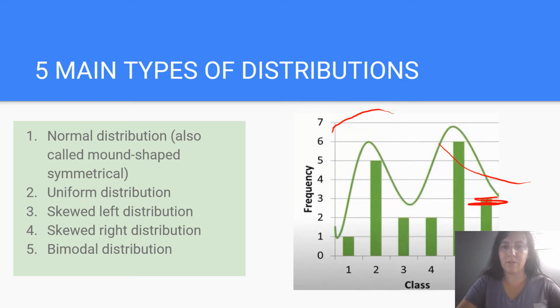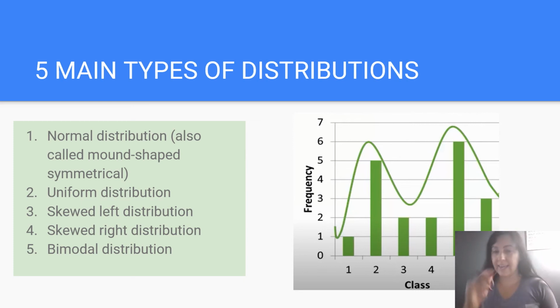bimodal, the grand finale. Whoa, we get a 2-for-1 here. Bimodal is kind of cool. It looks like a camel or something like that, if you want to think of it like that. It's where you have two humps. It peaks twice, or it just peaks more than once. Well, it peaks twice. It's bimodal.